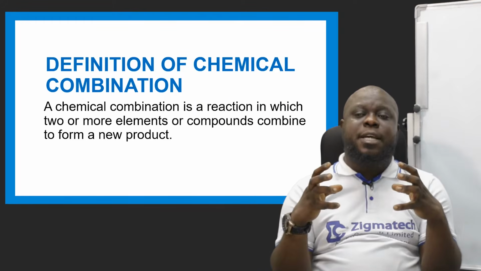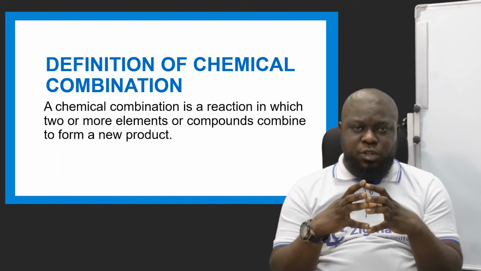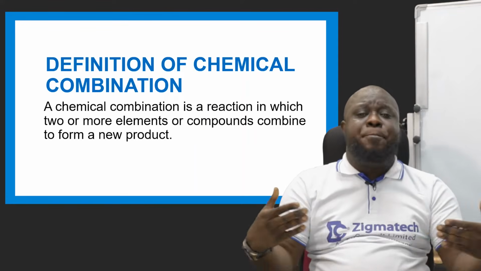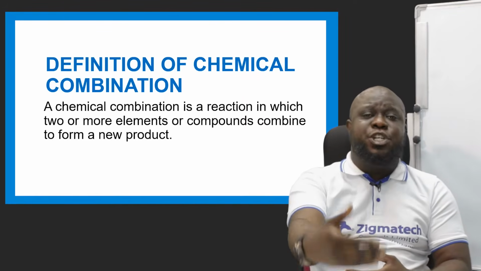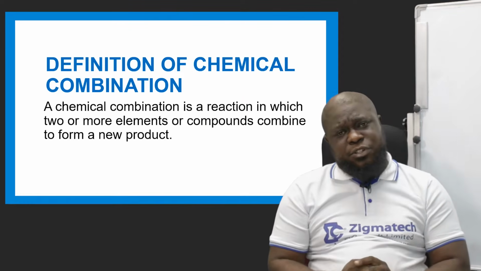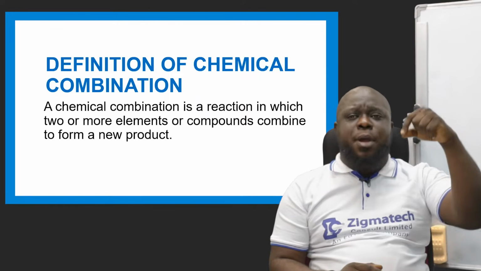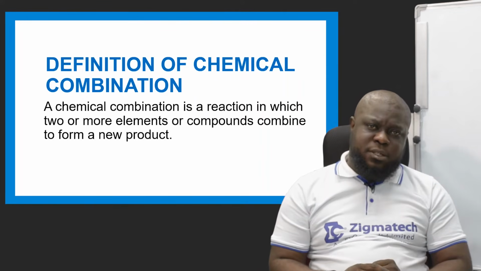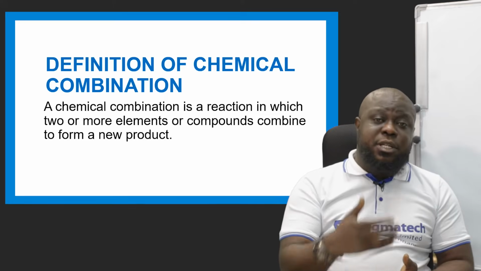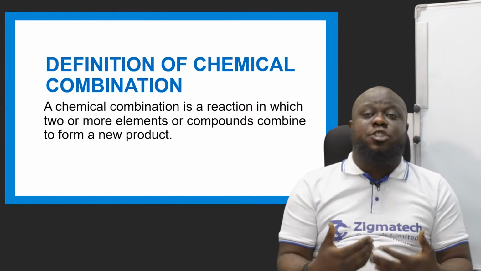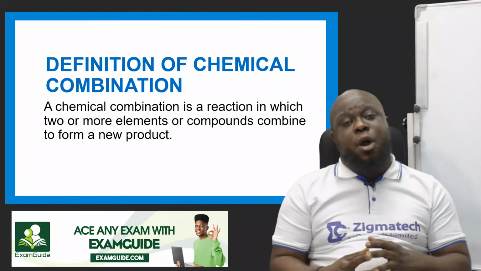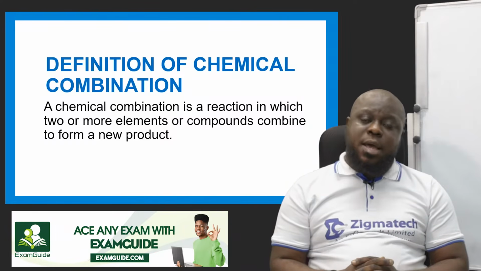It is the energy the elements use in bonding together to achieve a new product. It can be altered by the use of catalysts. The activation energy of a substance or products can be altered by using a catalyst.